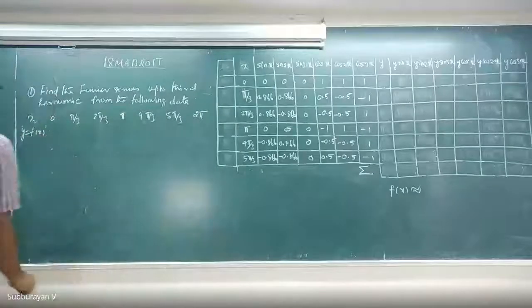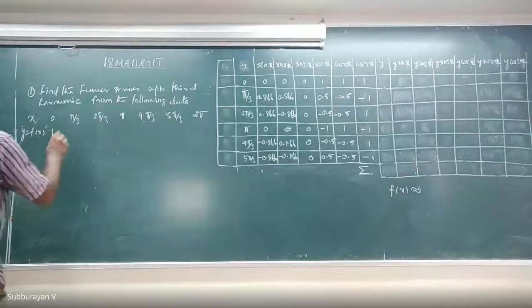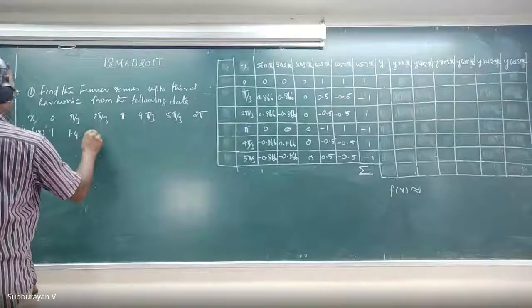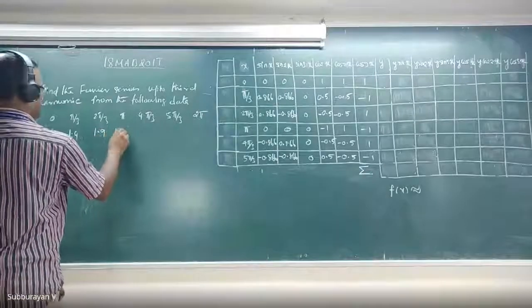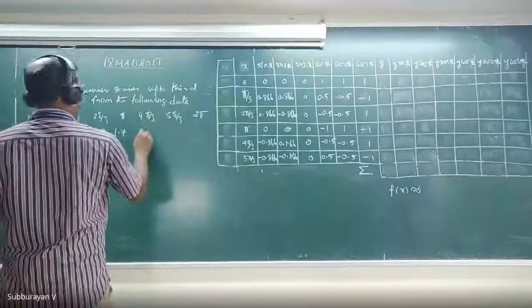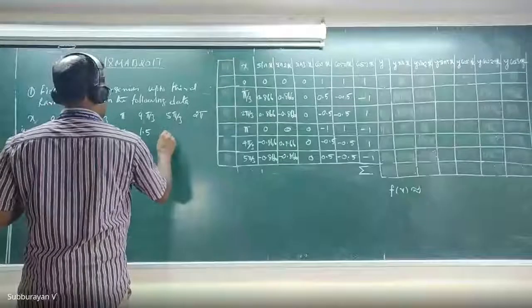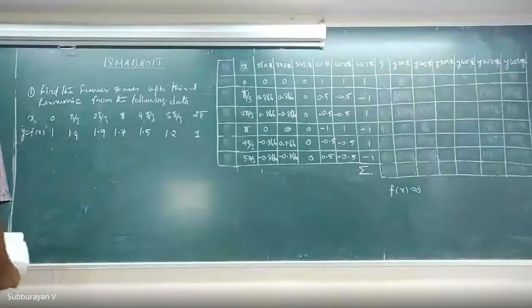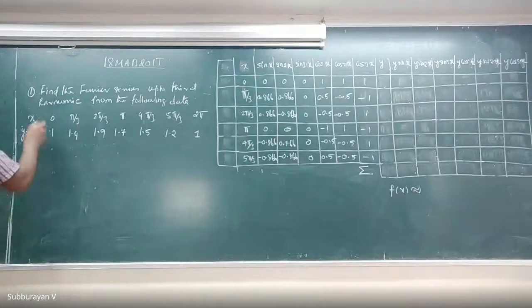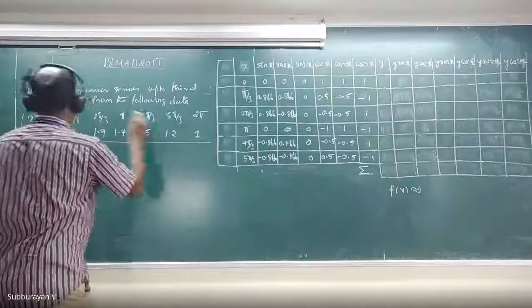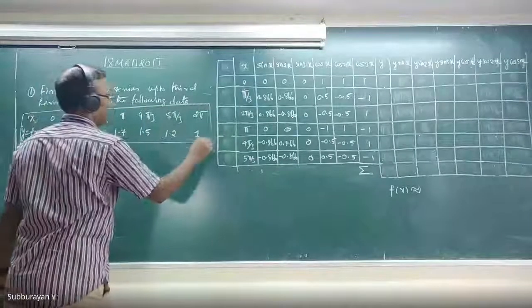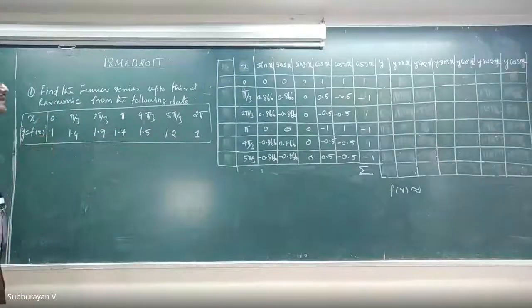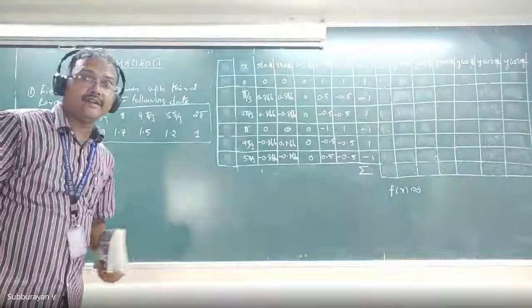And this is 1, 1.4, 1.9, 1.7, and 1.5. This is 1.2, and this is 1. Okay. So look at the data. From the data, one should identify the given data is a periodic data.